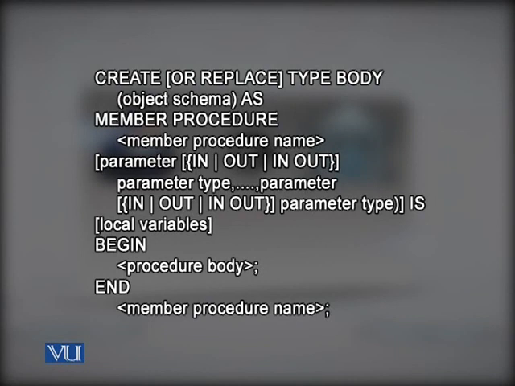And after that, if you want to declare some local variables, you will declare them before begin. You say declare, and you declare any local variable that you need here, and then you say begin, and from here the statements that are included in the body of the procedure or function are written, and in this case you will use PL/SQL statements. So this is how you define the member procedure.